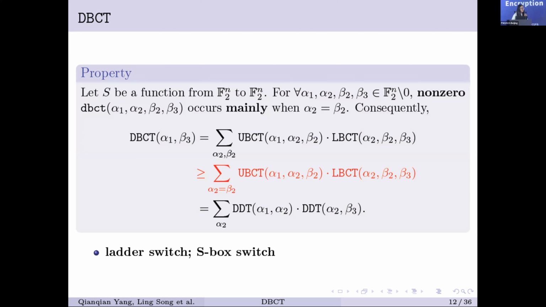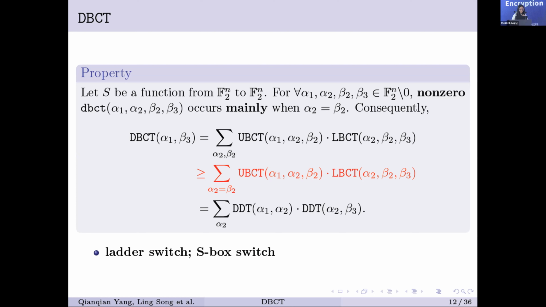In many distinguishers, the computation is very complex, and sometimes it is too huge to compute the probability.